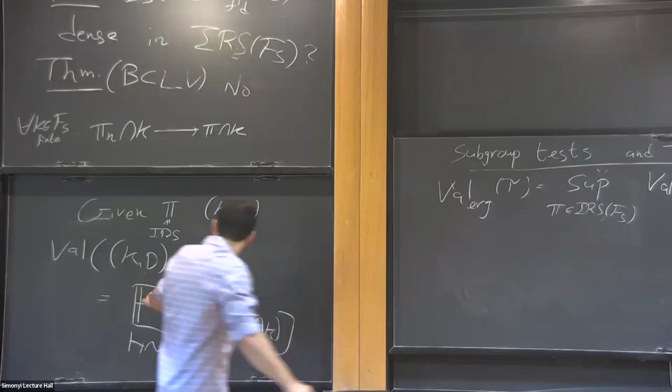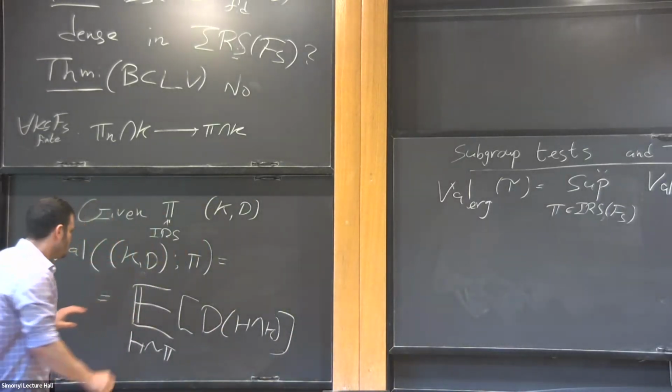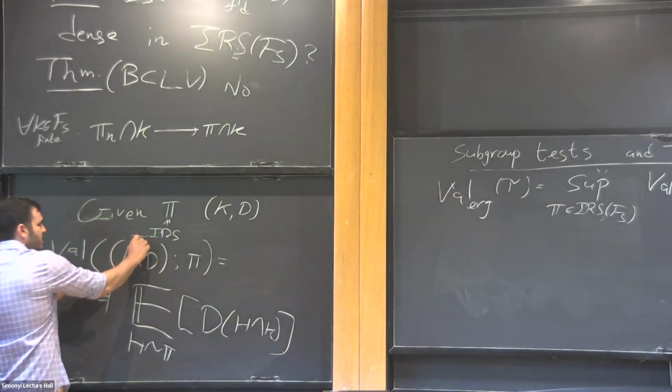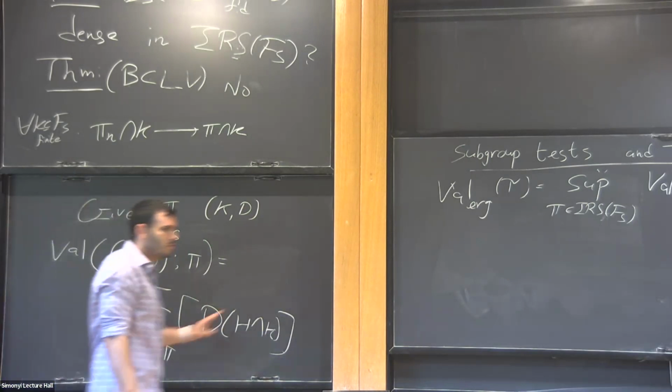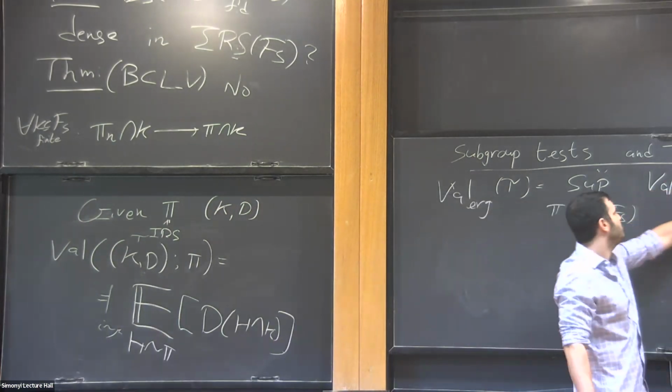Now you have a double expectation here, because you also have an expectation over I sampled according to mu. So this is the new definition of val t pi.